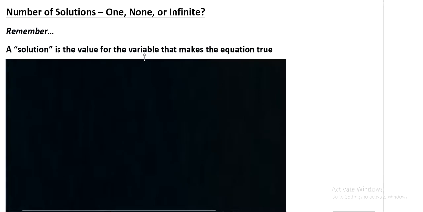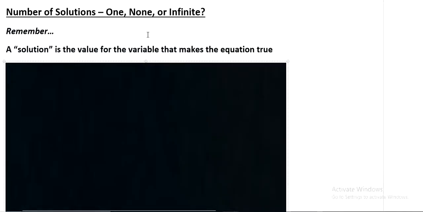Alright guys, today we're talking about solutions to one variable equations, but instead of finding specific solutions, we just have to say how many solutions they have. So, remember solutions. A solution is the value for the variable that makes the equation true.